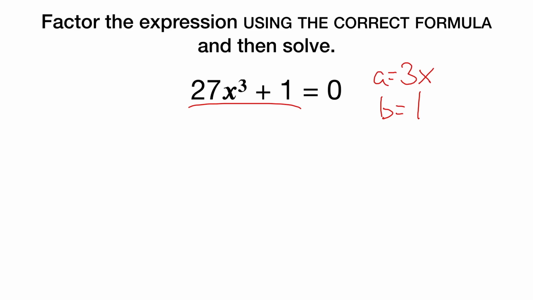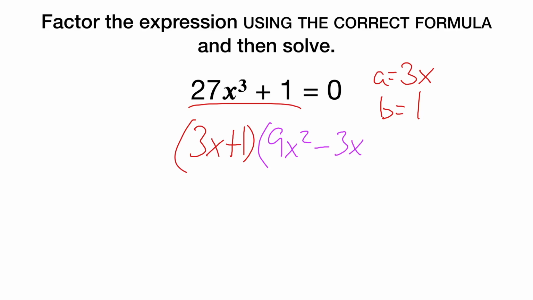So now let's start writing. 3x plus 1, because we're talking about sum of cubes, so it's a plus b, times a squared, so that is 9x squared, minus a times b, so minus 3x times 1 is 3x, and then plus 1 squared, meaning plus 1.